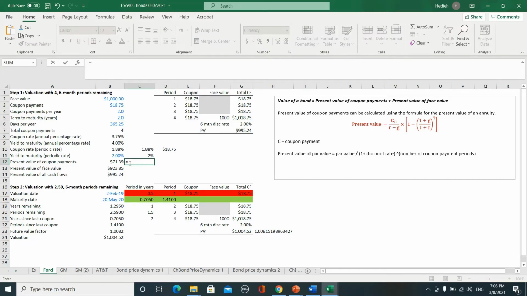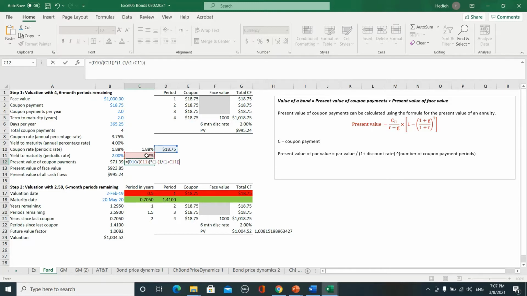Now you can find the present value of coupon payments using the formula for present value of an annuity. So present value becomes your coupon payment, which is 18.75, divided by your discount rate, which is 2% for every 6 months, minus G, which is 0, so I ignore it. We don't have a growth rate. Then multiply this by 1 minus 1 divided by 1 plus R, or your discount rate, which is 2%.